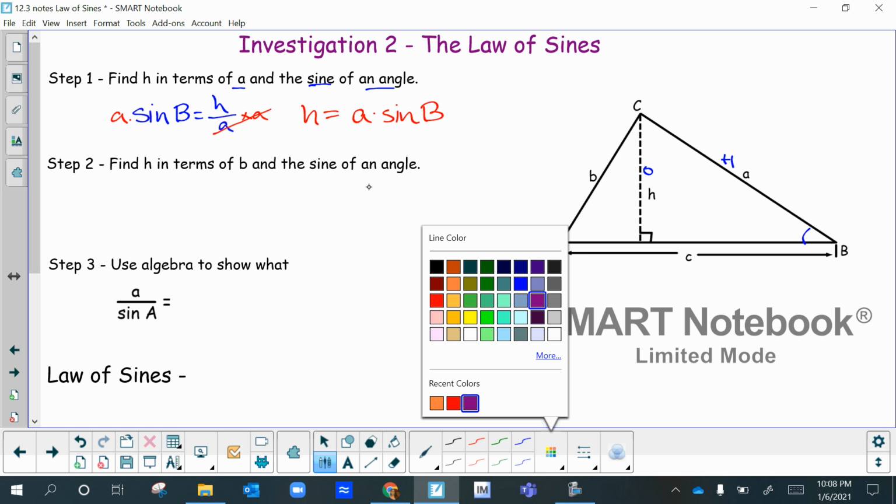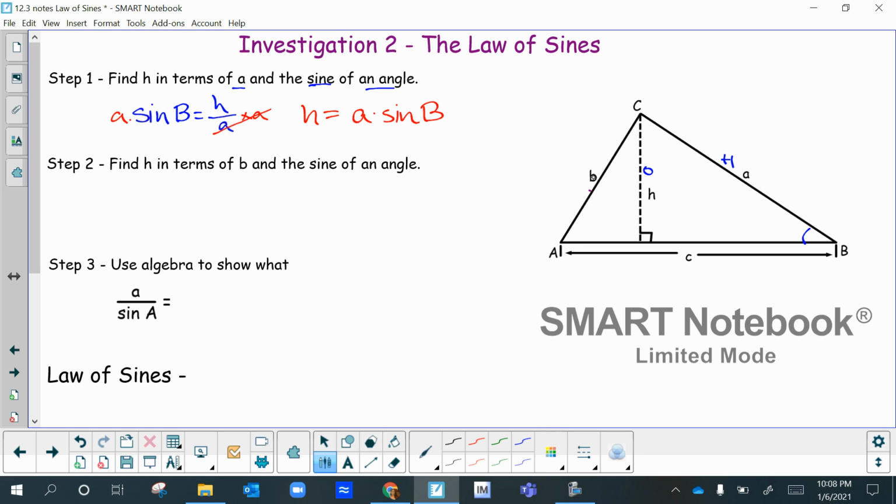Okay, so let's look at this other triangle on this side. So here's B, here's H. Well, if you focus on angle A, this is opposite and this is the hypotenuse. Okay, so this is opposite and that's hypotenuse. So let's write it out.